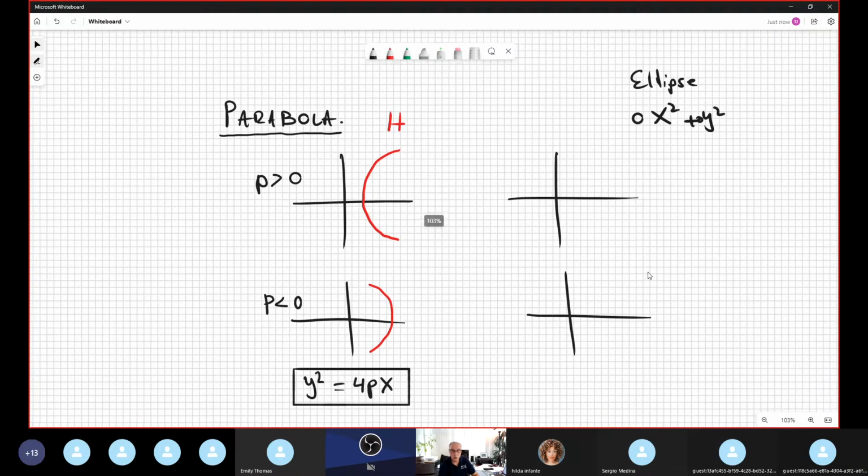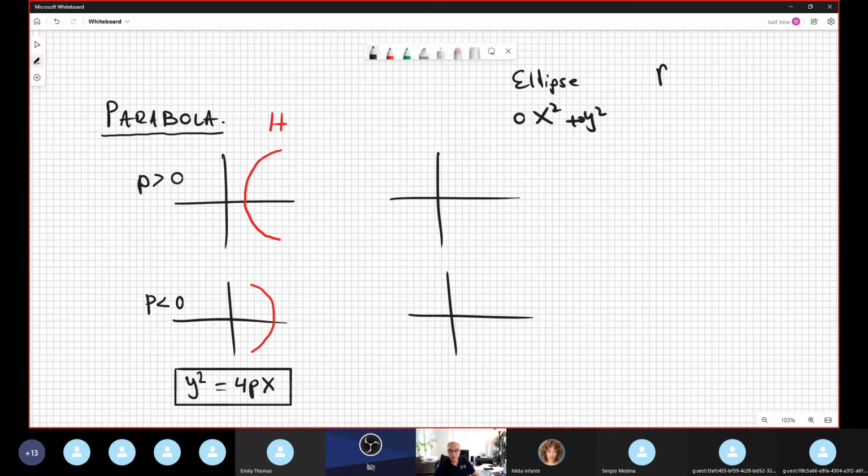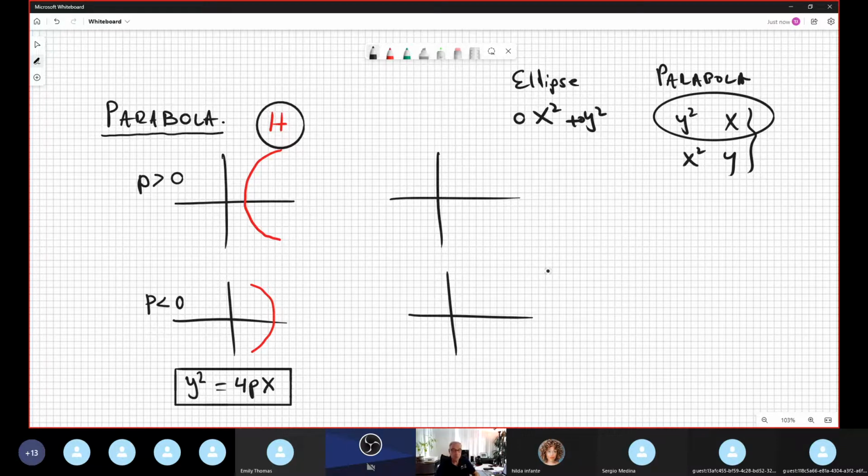However, the parabola, no. In a parabola you have y squared and x not squared, linear, or x squared and y linear. So when you have that situation, it's the horizontal parabola. However, you have this kind of parabola or this kind, this arrow indicates that this continues forever, and this is the vertical parabola.